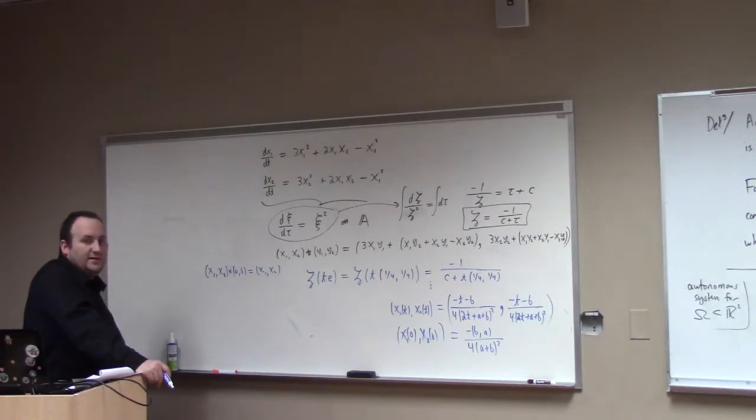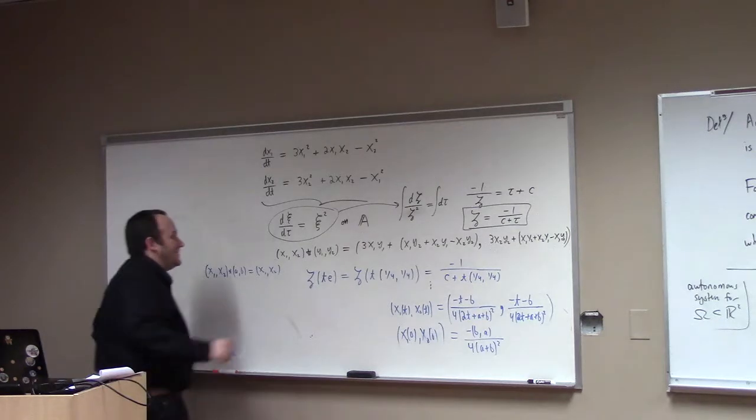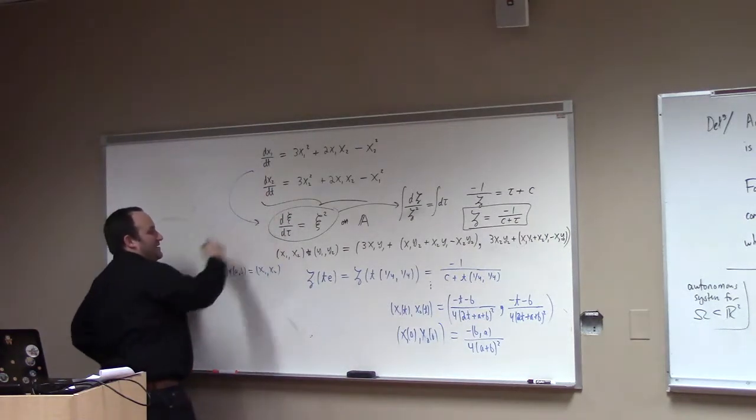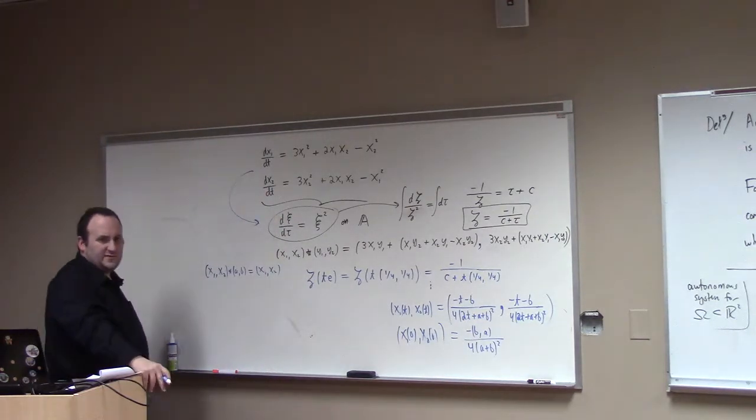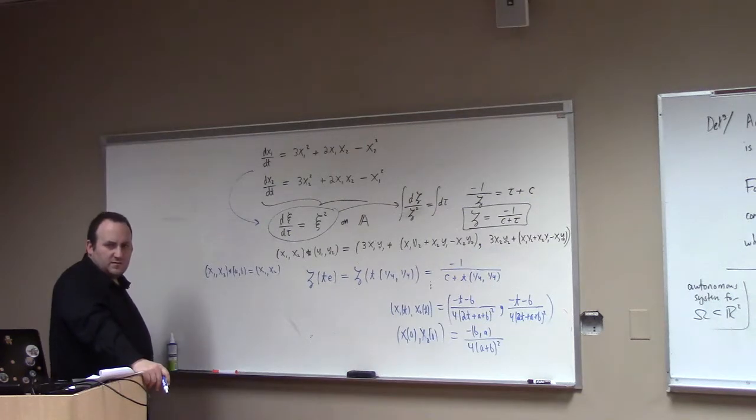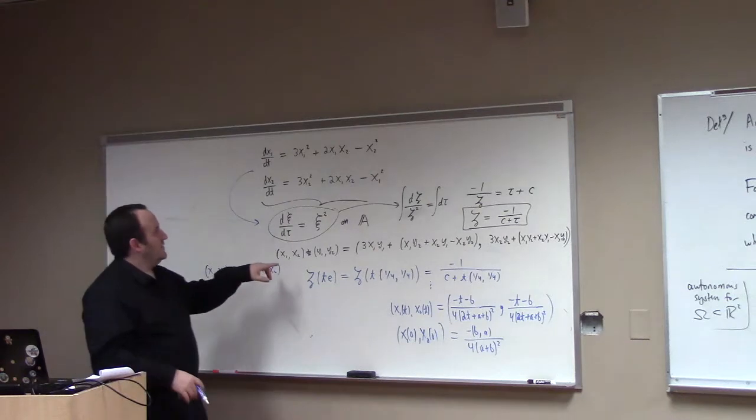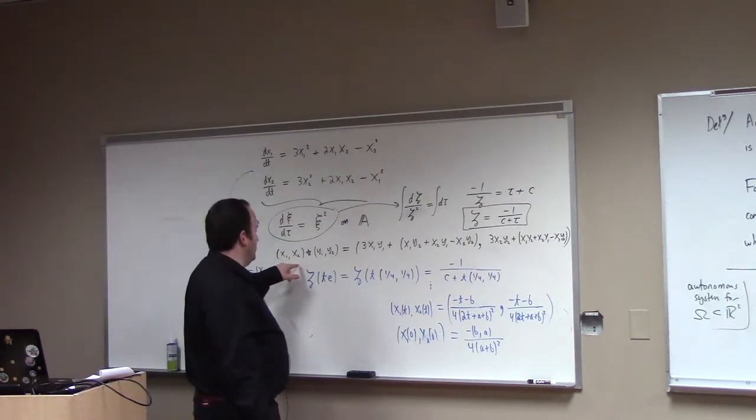So at the moment in our discussion, I haven't really explained to you how on earth it is we got from here to here. But I think you can kind of start to see it if you just look at this right here, right?